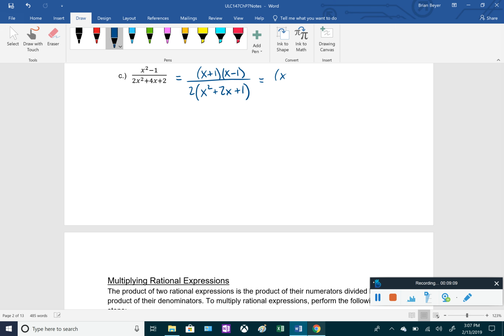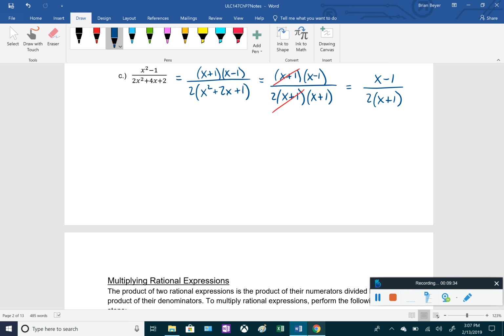And then we can factor that remaining trinomial as x plus 1 times x plus 1, two numbers that multiply to 1 that add to 2. Now we see that a common factor of x plus 1 cancels. We're left with x minus 1 in the numerator divided by 2 times x plus 1 in the denominator.